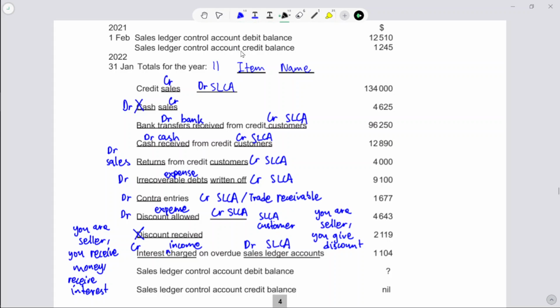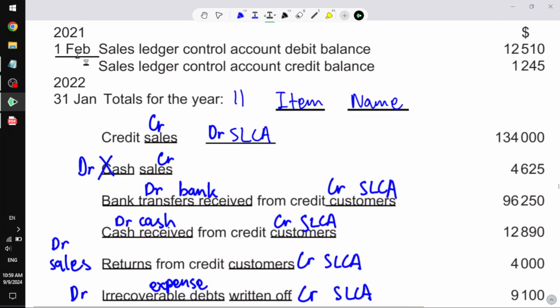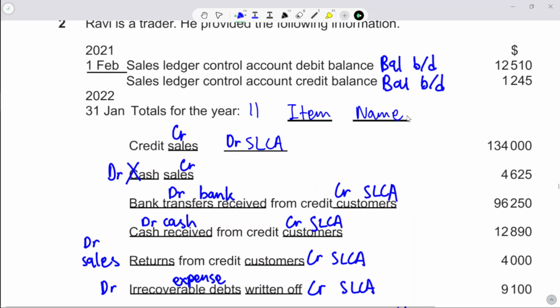Also let's check about the balance. So this one is 1 February, first day, so it is just balance brought down. Remember this is the balance brought down.